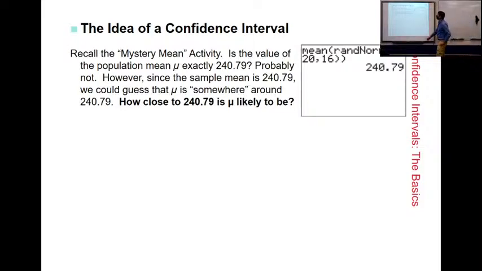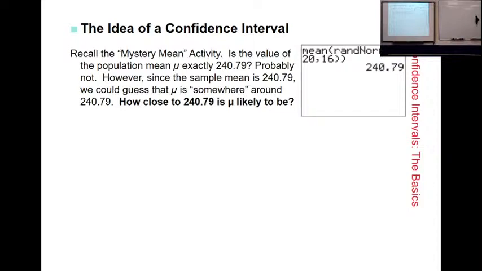And so here's the sample that I got. The sample had a mean of 240.79. Here's the idea. Is the actual mean guaranteed to be 240.79? No. It just happens that that was the sample I got.